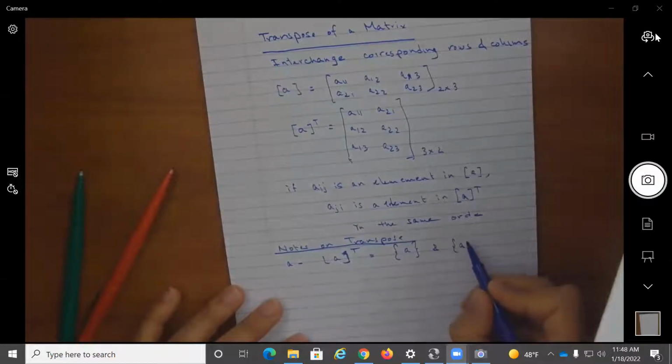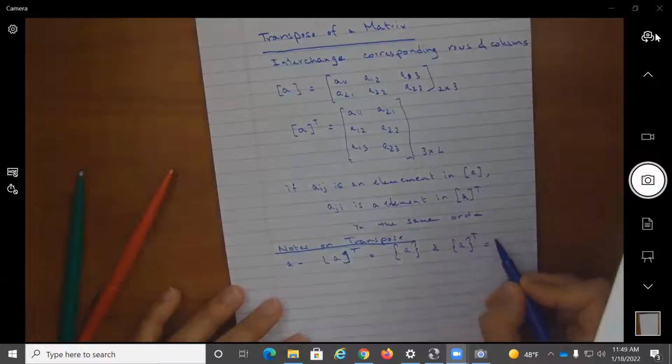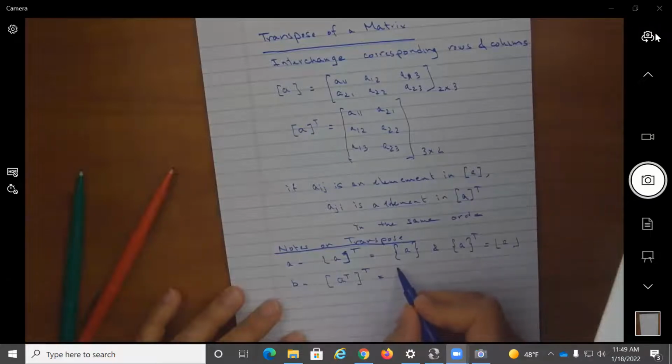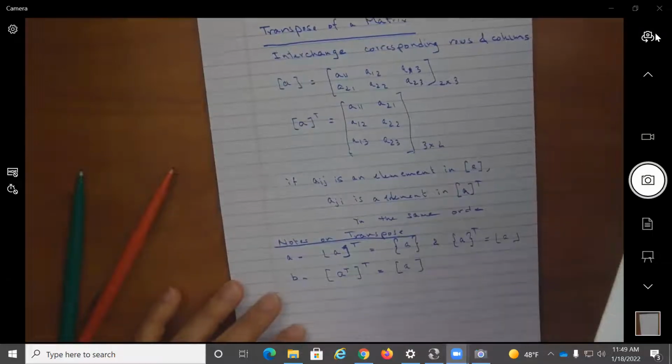If I take the transpose of a column matrix, I will end up with a row matrix. If I transpose a matrix twice, if I take A transpose and transpose it, the outcome would be the original matrix.